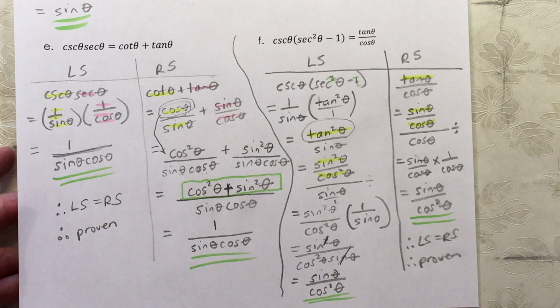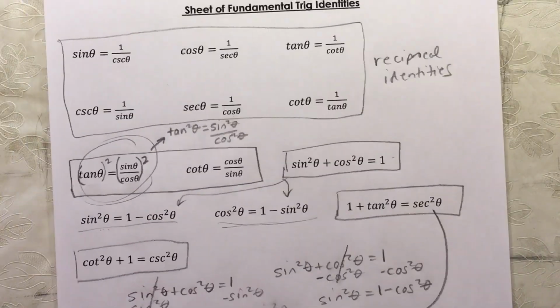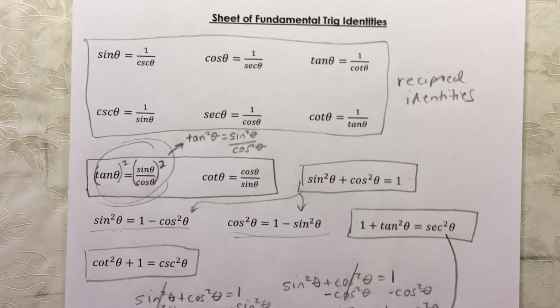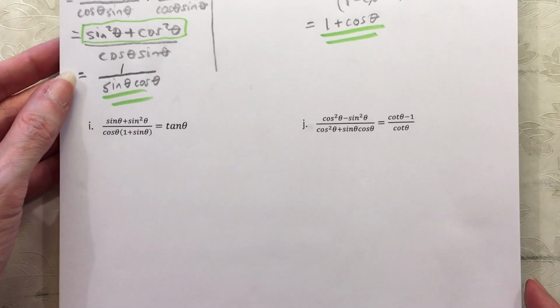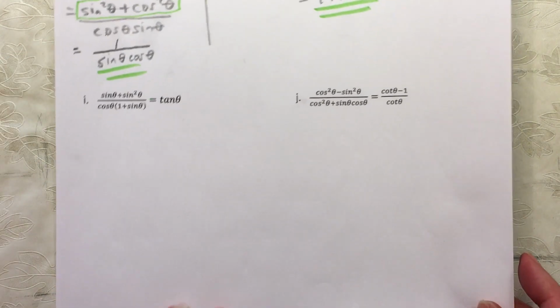Multiplying, dividing fractions, adding fractions, and factoring have been our strategy so far, as well as really using all these fundamental trig identities and playing around with them and trying to get both sides so that they're in terms of just sine and cos, or one or the other. Those are our common strategies.